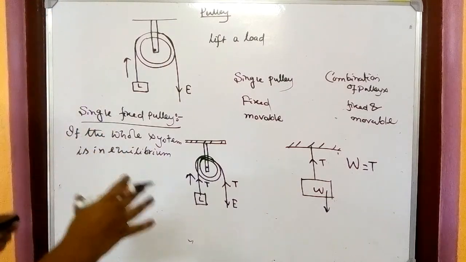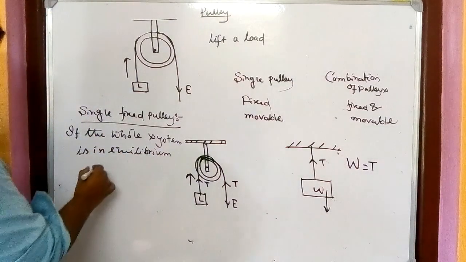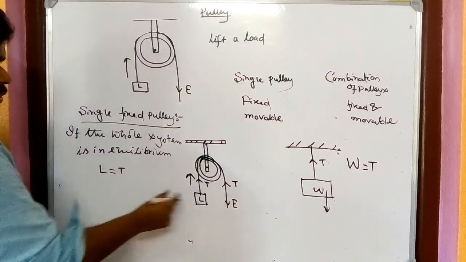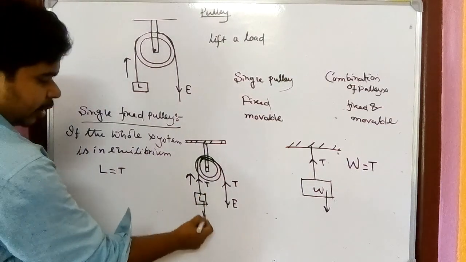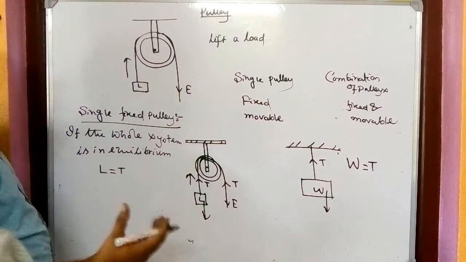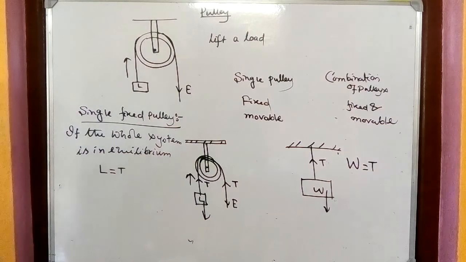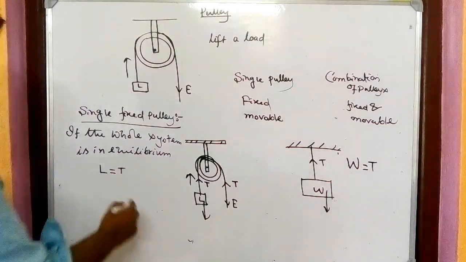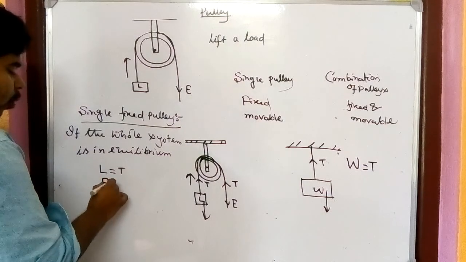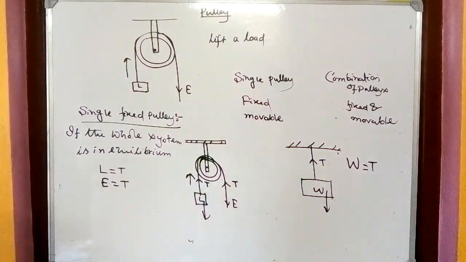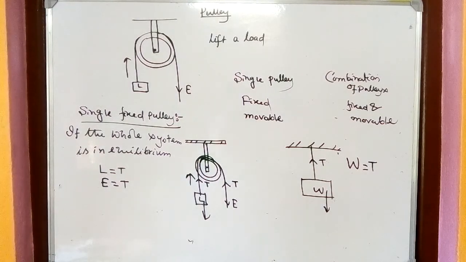So if the whole system is in equilibrium, then we can write load equals the tension, because the load, which means a weight, acts downward, and the tension acting upward balances it. And here the effort we apply balances the other tension acting upward.